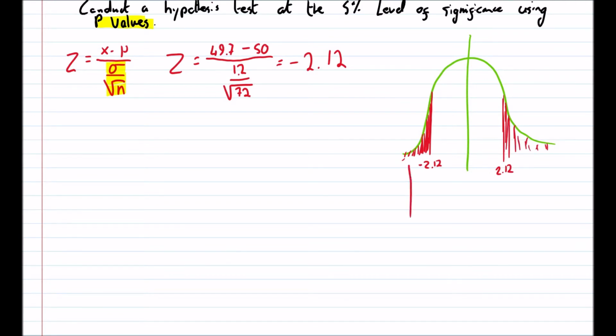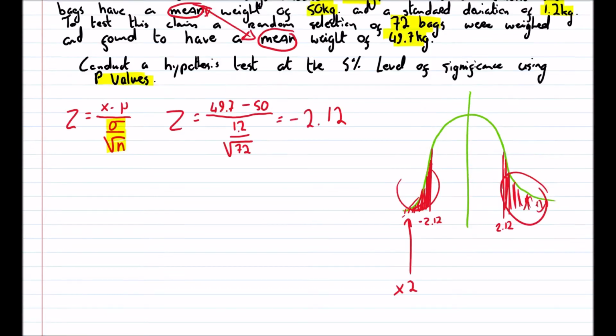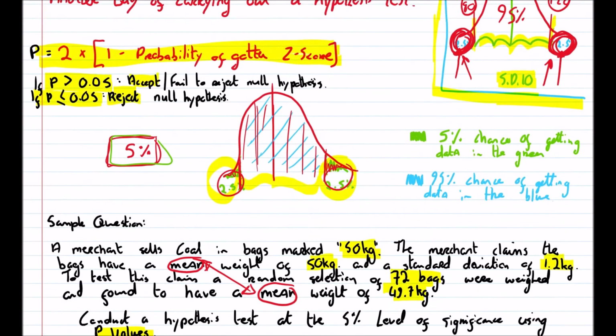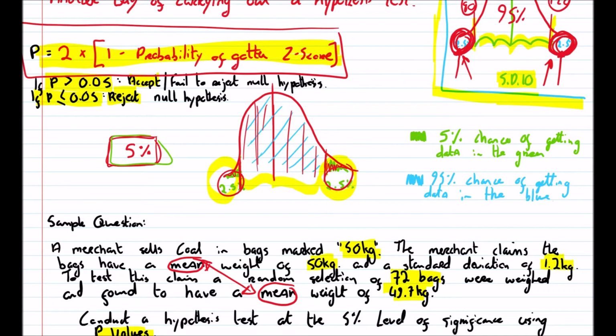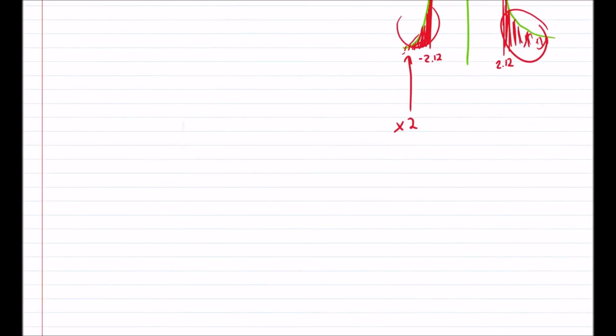So all I really need to do is get the probability of getting less than minus 2.12 and then multiply my answer by 2, because remember, the probability of getting this here is the same as getting the probability of getting that. Hence my formula here, which is 1 minus the probability of the z-score multiplied by 2.